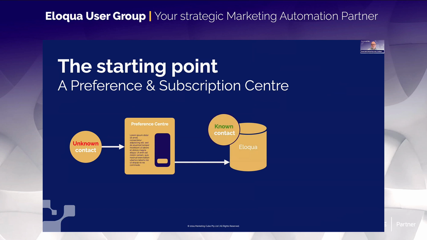They're a known contact because now we have an email address, hopefully matched with first name and last name. For those people who are on the line in relation to using Salesforce CRM, remember, if your objective here is to create leads in the CRM, then you must have certain pieces of information. Actually, I think Salesforce only requires a surname on a lead. I think that's the absolute bare minimum piece of information, and Eloqua's bare minimum is an email.